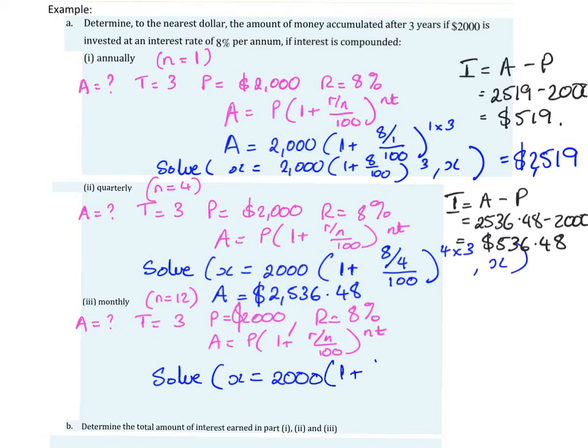So I've got 8 over 12 over 100, and N is 12 times 3.